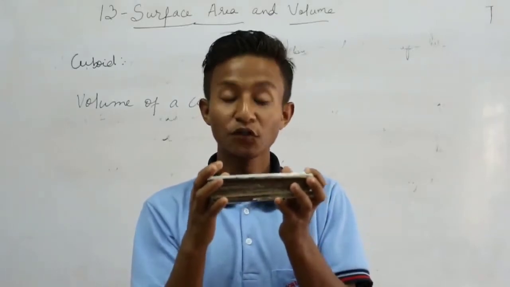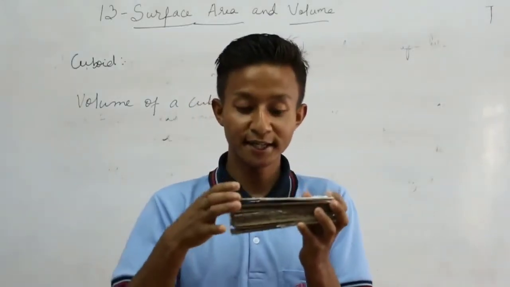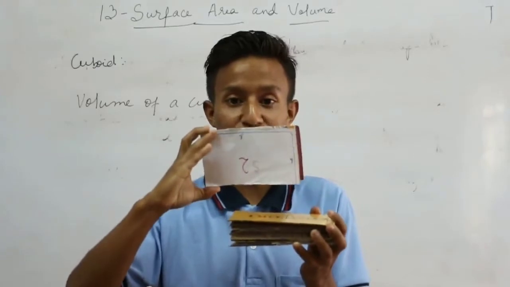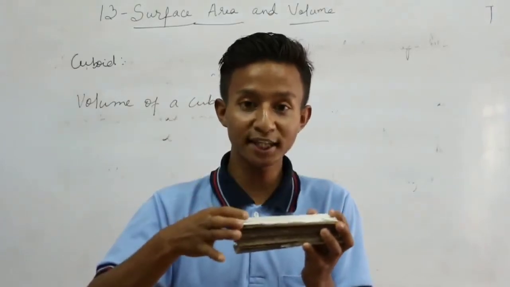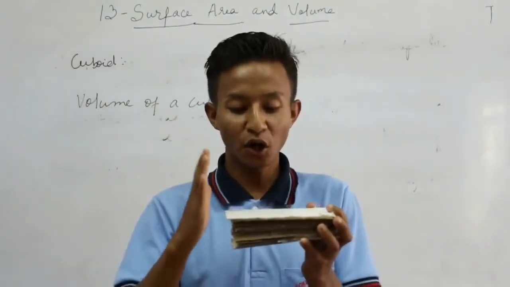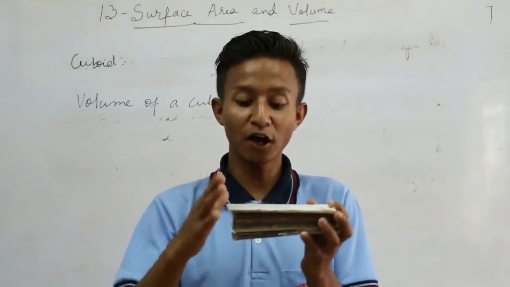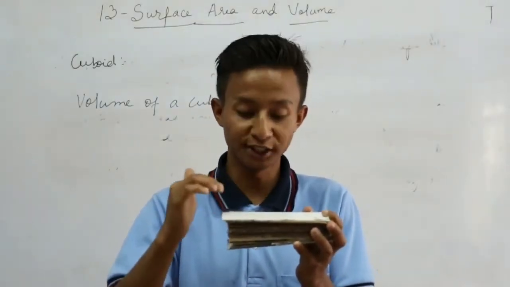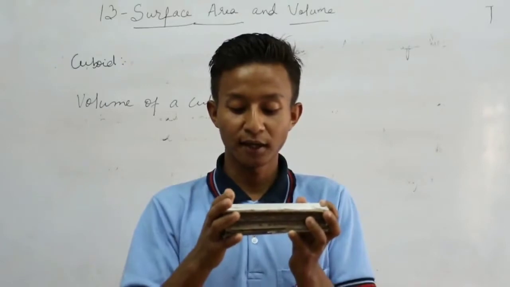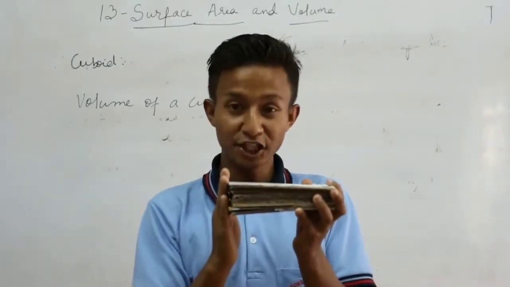To find the volume, as you can see, this is in the form of a rectangular sheet. That means the volume is nothing but the addition of all the areas of these rectangular sheets. There are h number of them.